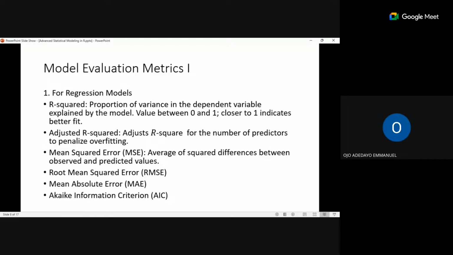Now you want to compare to know the model that performs best, that captures the incidence of tuberculosis. We normally use Akaike information criteria or the Bayesian information criteria. So how do we use them? The one with the highest value of the Akaike information criteria or the Bayesian information criteria performs best.